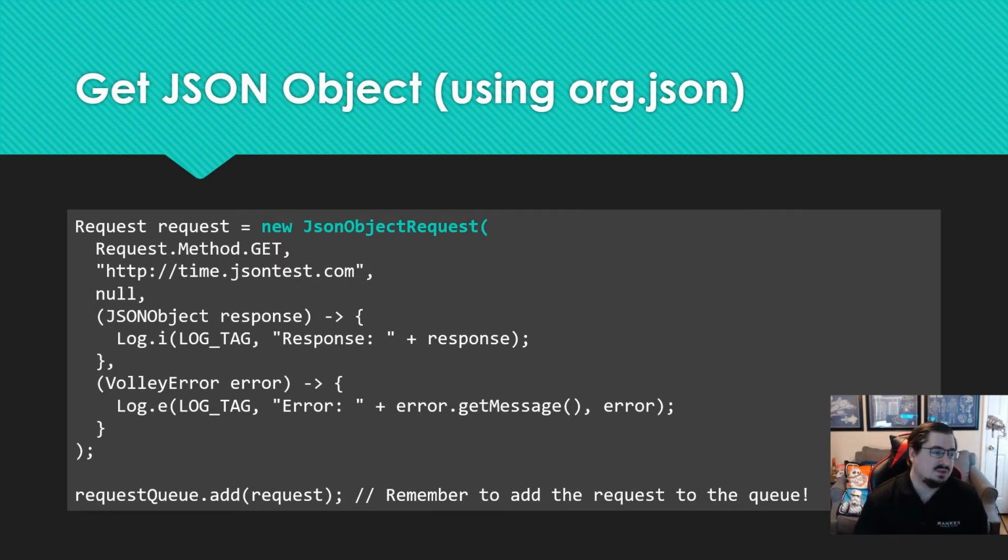So a JSON object request is expecting to get an object as a response. A JSON array request is expecting to get an array as a response. But other than that, they are very, very similar, right? Basically you're creating a different class and you get a different response.